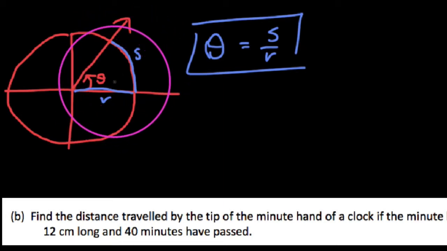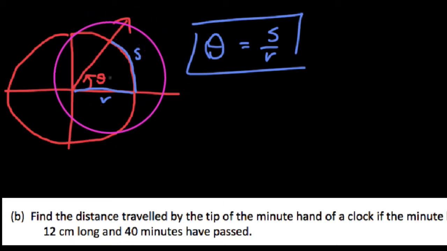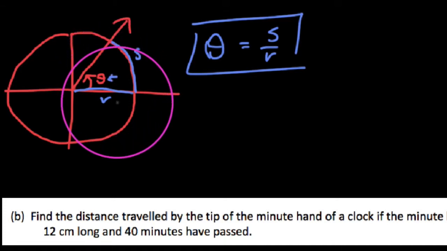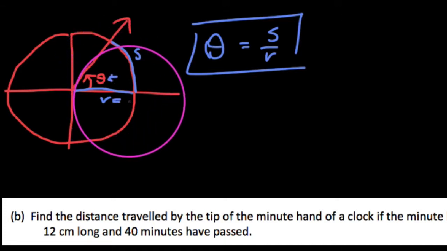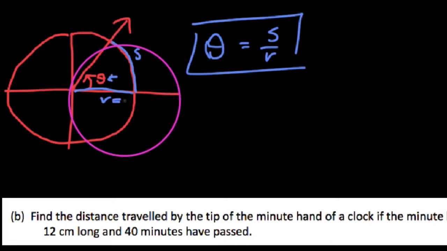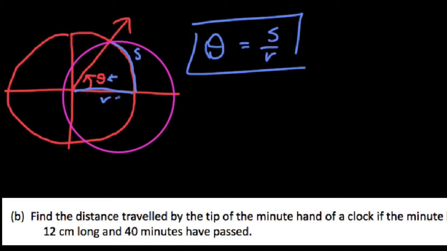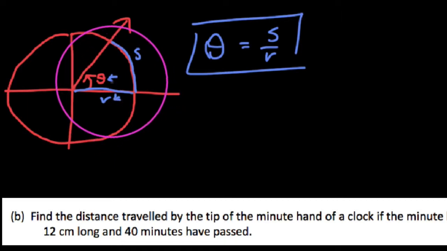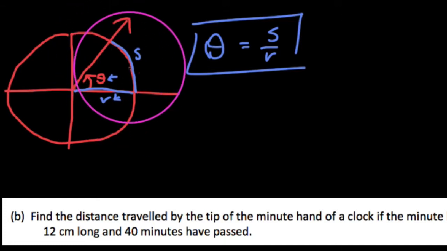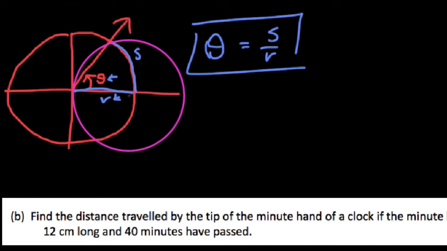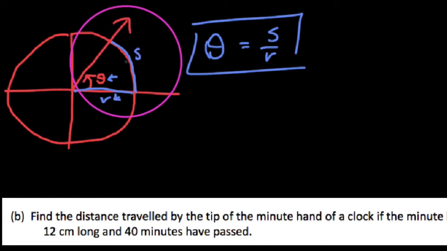So if we knew this angle in radian measurement and we knew the length of this radius right here, then I could take the number of times the radius fits into the outside and multiply it by the length of one radius, and that would give me the arc length.